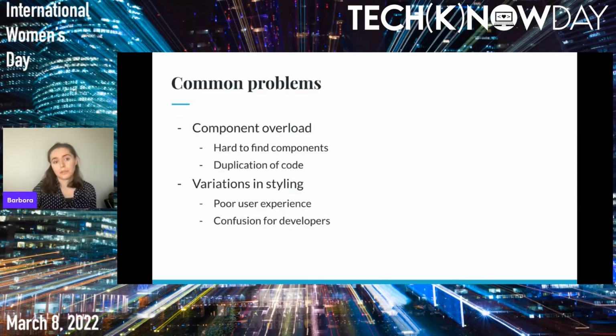Another really common problem is variations in styling, and this actually impacts even websites of really big corporations. A classic example is differences in colors. It is really common for developers to accidentally pick the wrong RGB.